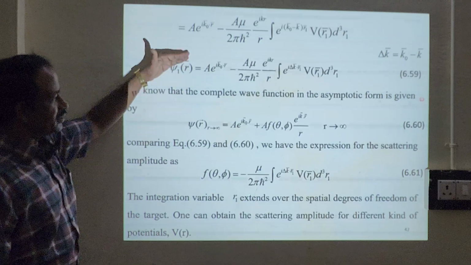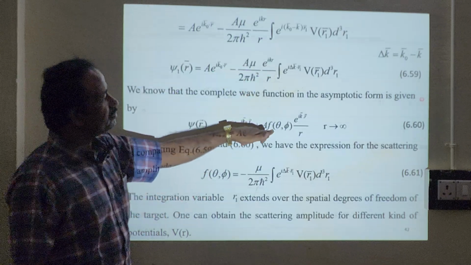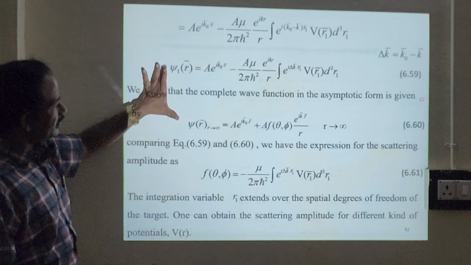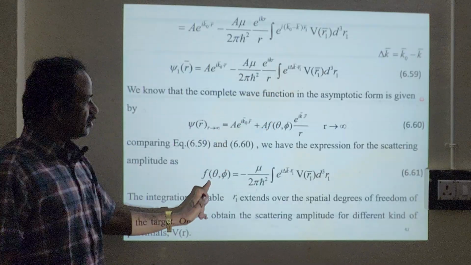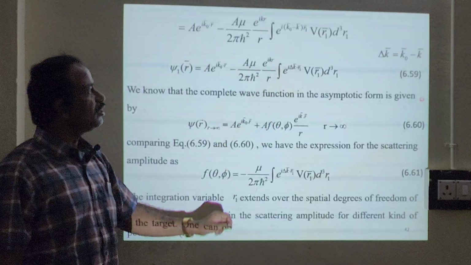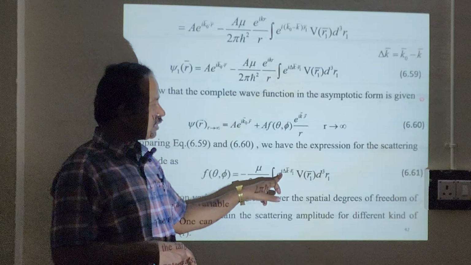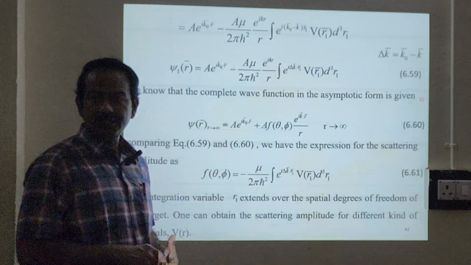When you compare, you get f of theta comma phi equivalent to this term. Other things are equal. So f of theta comma phi equals minus mu divided by 2 pi h bar squared, integral of e power i del k dot r1, v of r1, d cube r1.